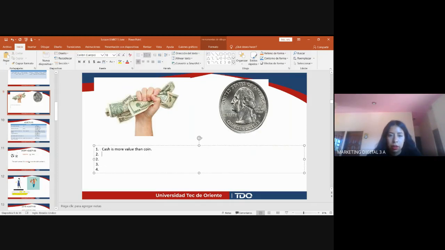Good. Oh, let me check. Yeah, it's okay. Cash is weaker than coin. Yeah, why not? Cash is weaker than coin. Kevin, three sentence.